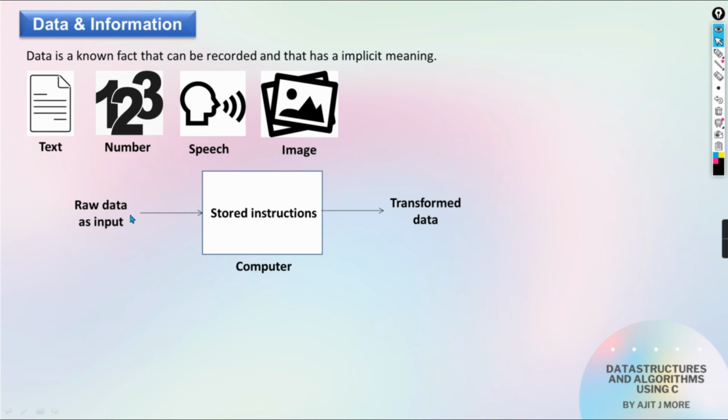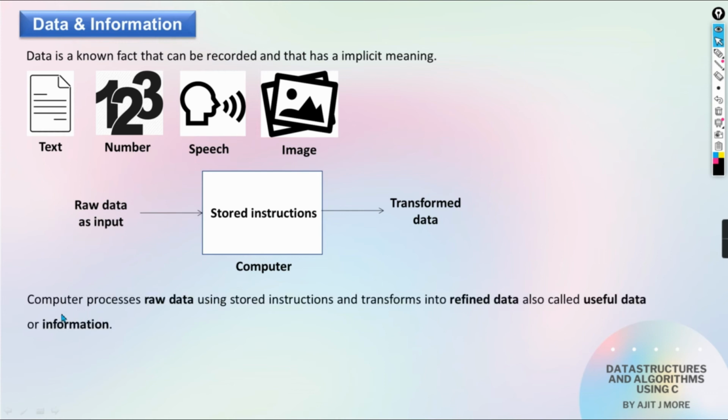And this transformed data is called information. In simple terms, when raw data is processed by the computer using these stored instructions or algorithms, and we get some transformed data, that is called information. So computer processes raw data.